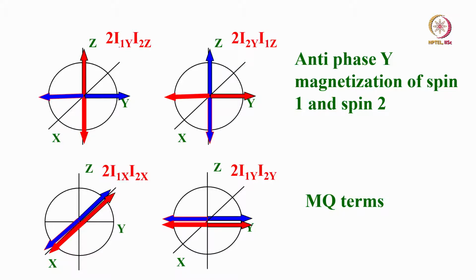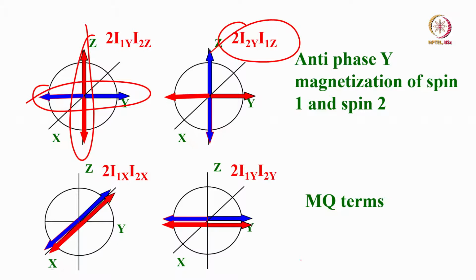For spin 1, y is antiphase, and for spin 2, z is antiphase. Similarly, I2y and I1z: for the second spin, y magnetization is antiphase, for spin 1, z magnetization is antiphase.